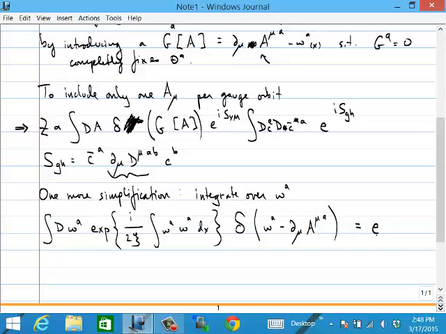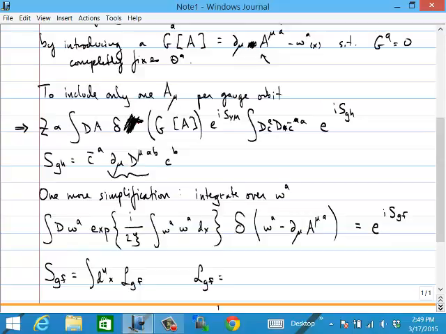Well, you get some function of a. And what is that function? Well, it's a new contribution to the action that depends on our choice of how we fix the gauge invariance. And if you just stare at this integral for a second, it's very easy to do.